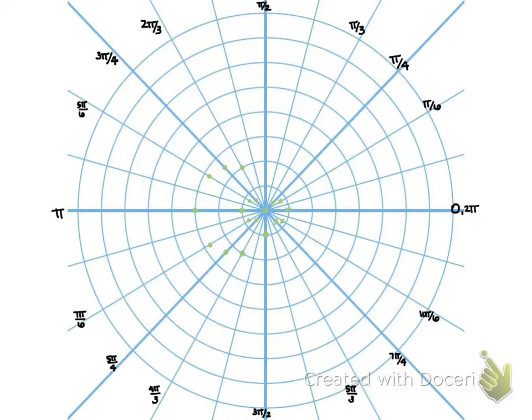And then I connect here, then I went to the 0, then that 0 came all the way out and connected with all my positives, and then I looped back into the middle and I shot through my points. So there we have our graph for r is equal to 1 minus 2 cosine theta.